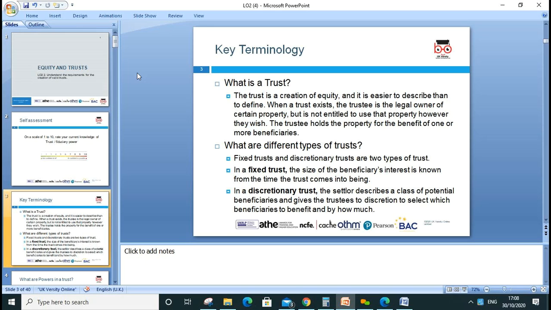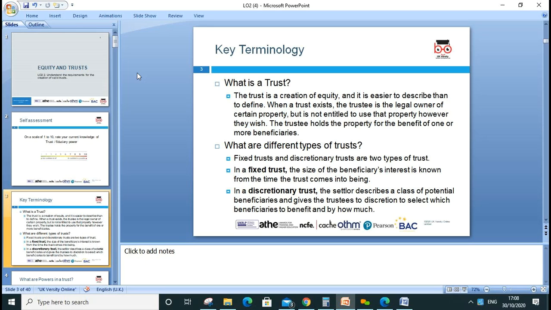So what are the different types of trust? Fixed trust and discretionary trust are the two types of trust. In a fixed trust, the size of the beneficiary's interest is known from the time the trust comes into being. That's a fixed trust.